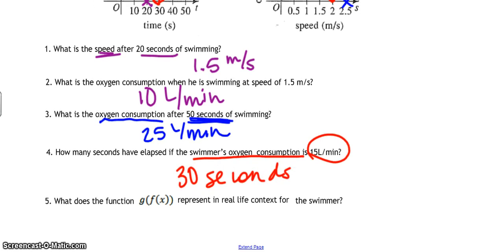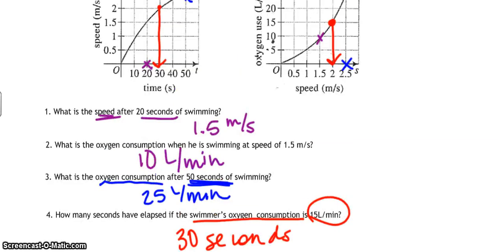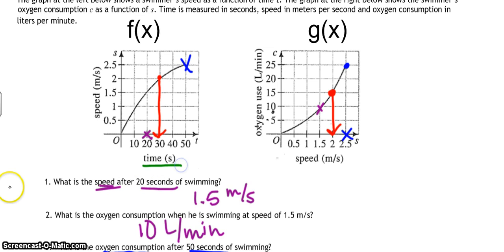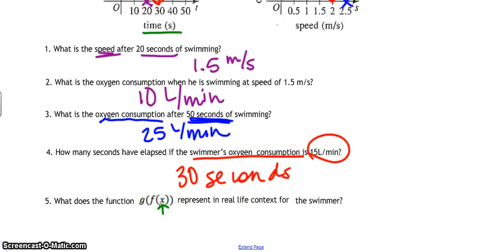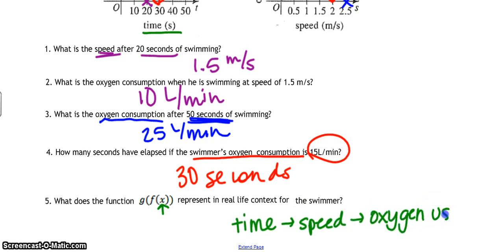So it says, what does the function g of f of x represent in a real-life context for the swimmer? So, thinking about starting with the inside out, what does our first x represent? What's the first input we have? Well, the first input we have is time. Then after time, we apply function f, which gets us to speed. And after we know speed, that turns into oxygen use.